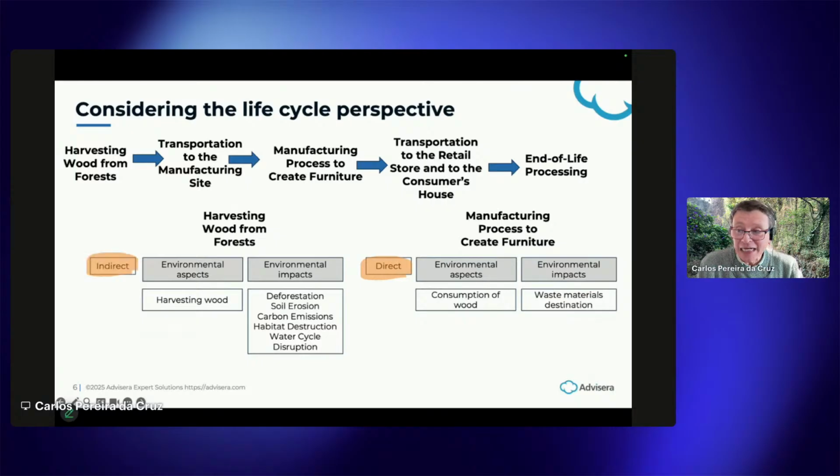Now, the indirect environmental aspects are those arising from activities, okay? The organization can influence but does not directly control, such as environmental impacts from suppliers, product used by customers, or end-of-life disposal. So both must be considered in ISO 14001 to ensure a comprehensive understanding of the organization's environmental footprint throughout the life cycle.